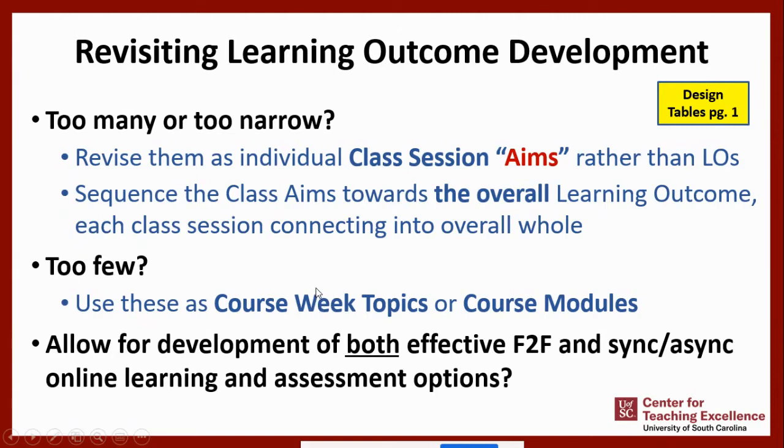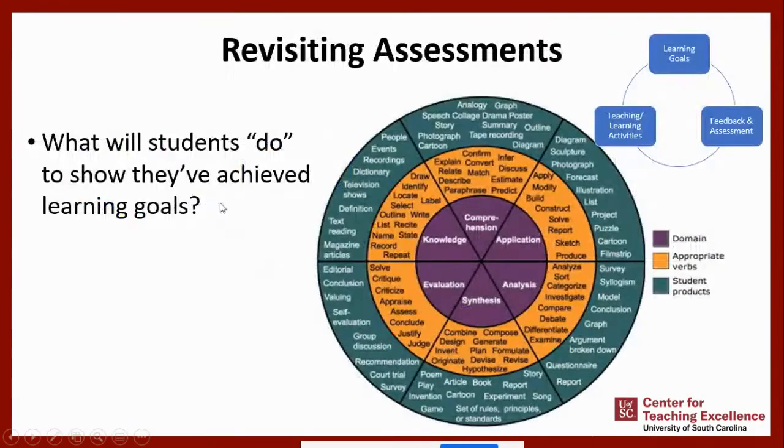And that's something you need to look at and think about when you're revisiting your learning outcomes. And the way that you do that, we'll look at that in a second, really has to do with what types of assessments you use, what the end goal of that assessment is, and making sure that the assessments, whether it's face-to-face or online, are actually showing what the students have learned, and it's equal depending on what the modality is.